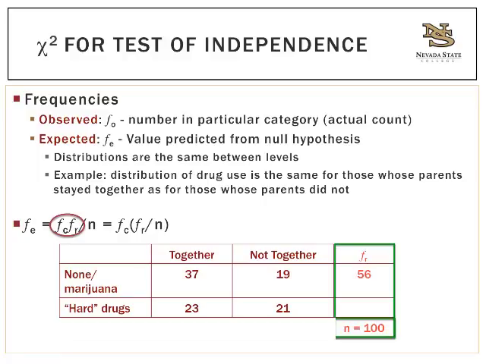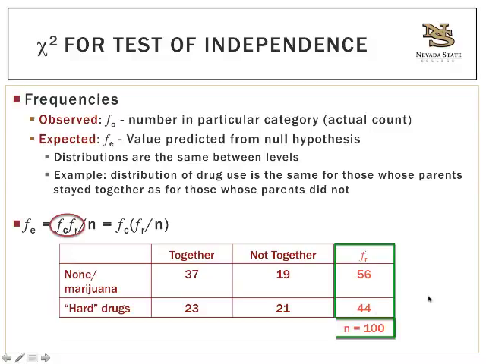That means, therefore, that everyone else did some type of hard drug while they were a teenager. So that total is 44. You'll notice that 56 and 44 equal our 100 participants because some of them only used marijuana or didn't do any drugs, and some of them did hard drugs. So we're accounting for both of those levels in our frequency for our rows.